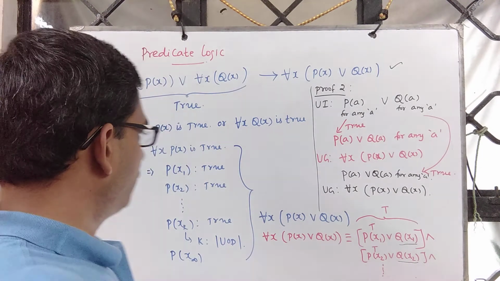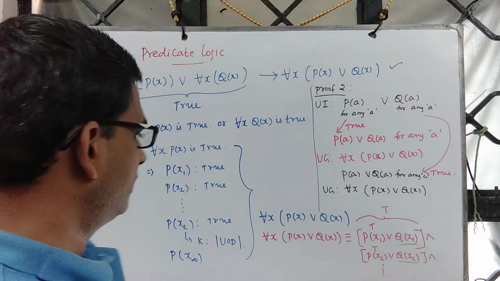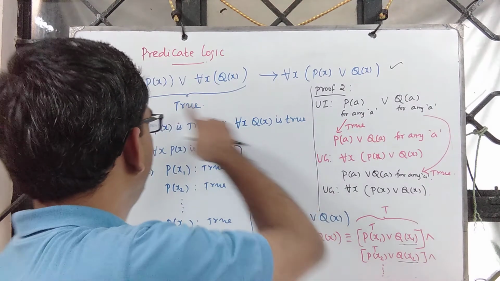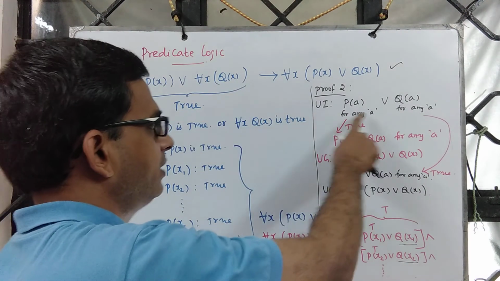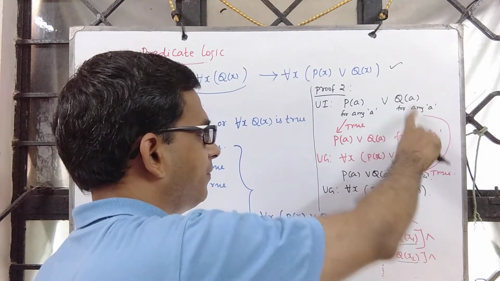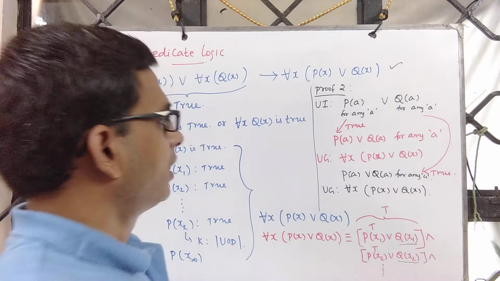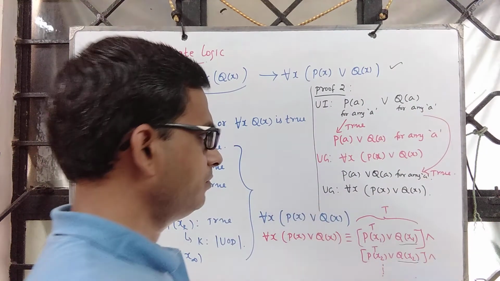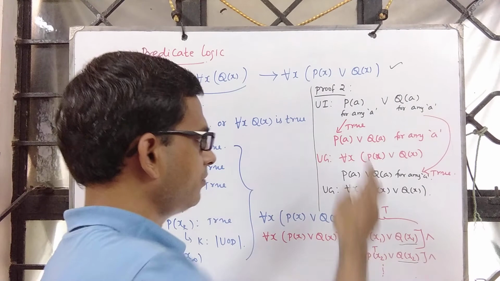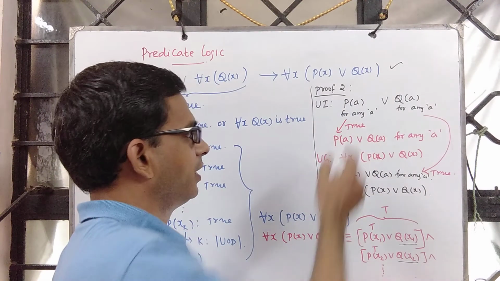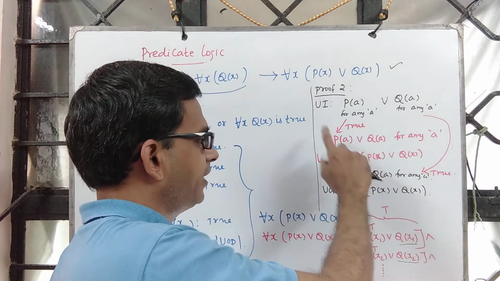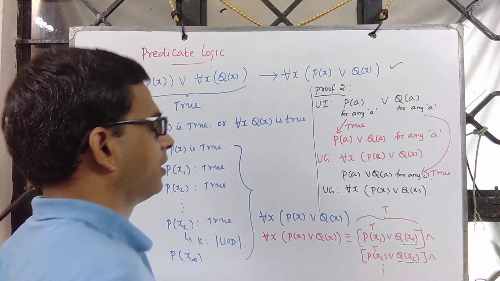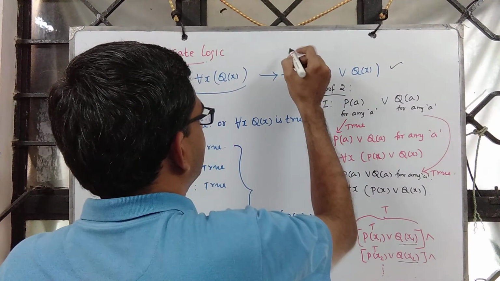So either you can prove it just by using the definition, or you can also attempt a proof by following universal instantiation, p of a for any a and q of a for any a. Now either this one is true or this one, both can also be true, but it is enough if you consider one. If this one is true, then this can be rewritten as p of a or q of a. One can also justify this.